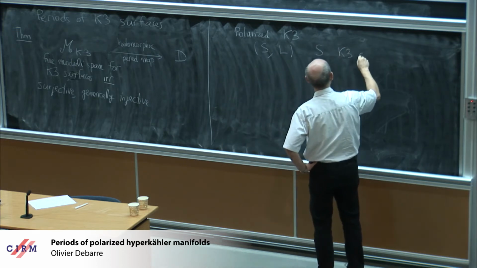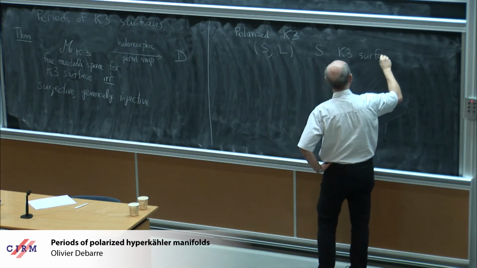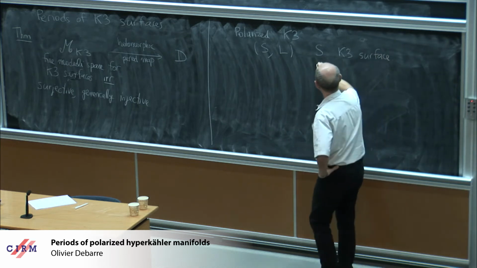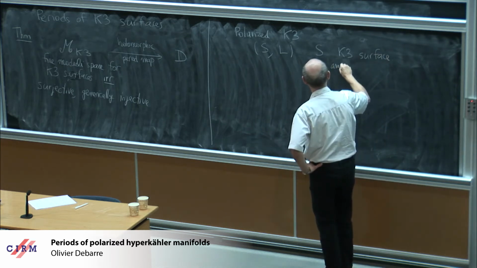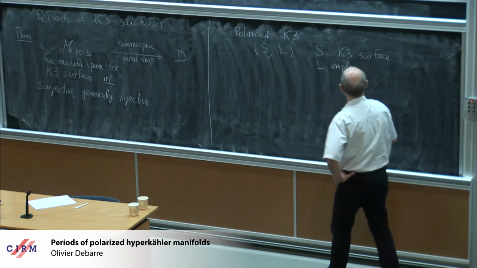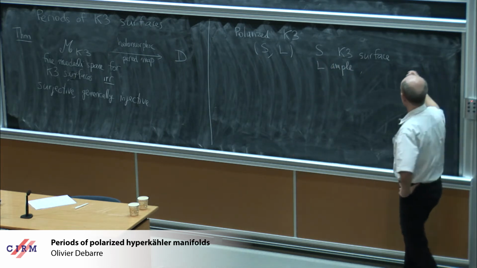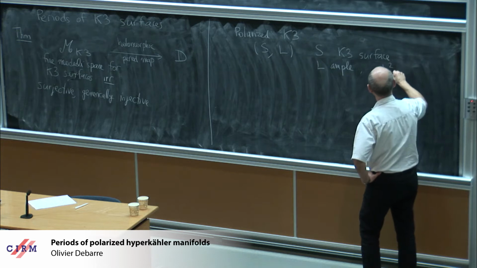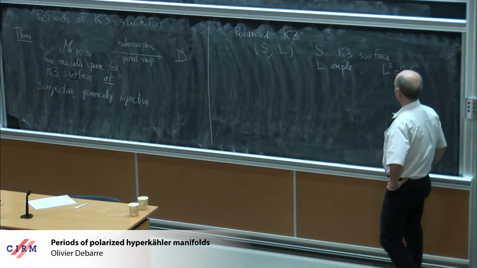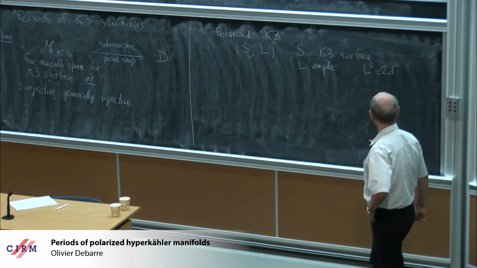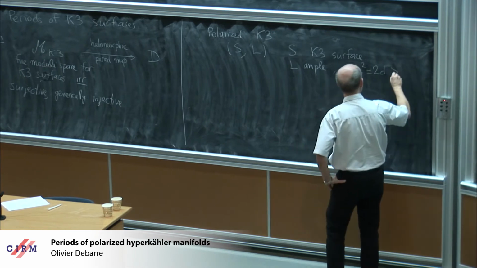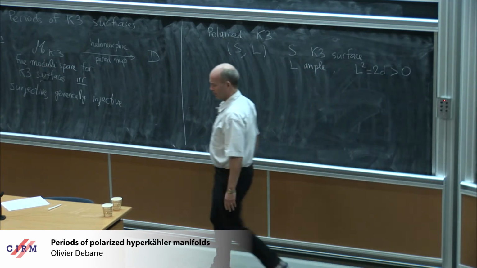I should say that everything here is over C. And L is an ample line bundle on S. And so there's one numerical invariant, that's the square of L, which is an even number, so 2D, which is a positive even number.